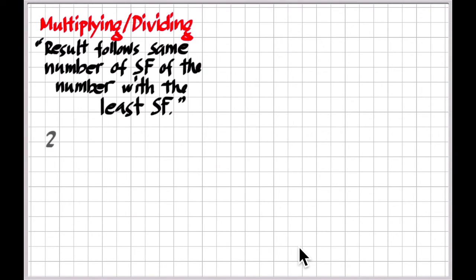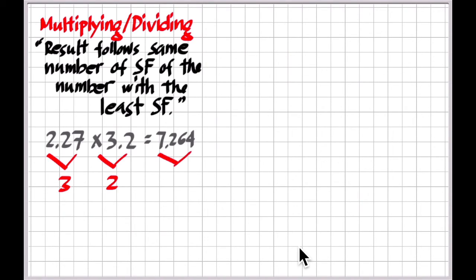Let me give you an example. 2.27 times 3.2. Calculator will give us 7.264. What's the problem with this? You see, only by multiplying, the result exceeds the number of significant figures of both the numbers you combine. 2.27 has three significant figures, 3.2 has two significant figures. Is it logical to have a result with 4 significant figures like that?